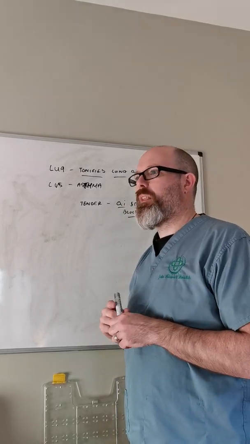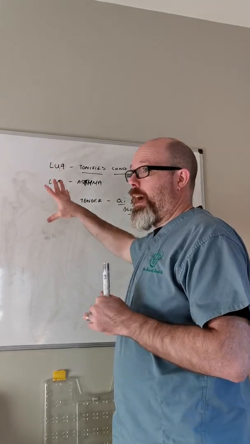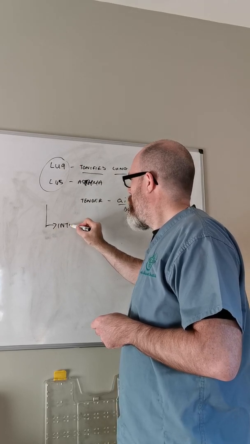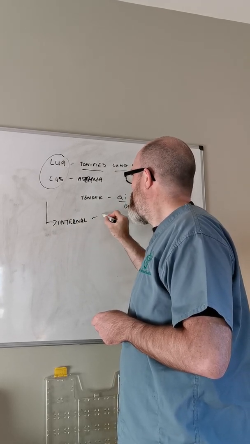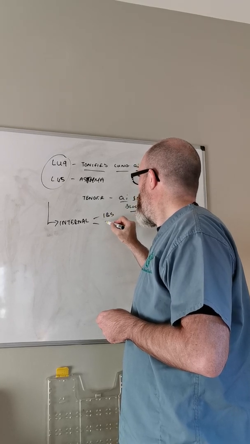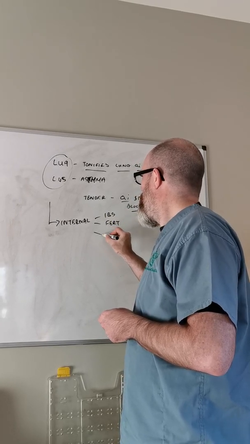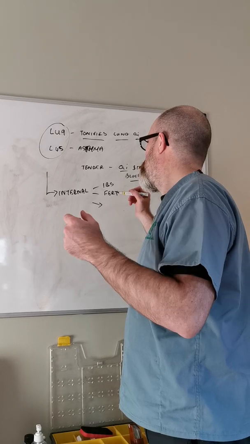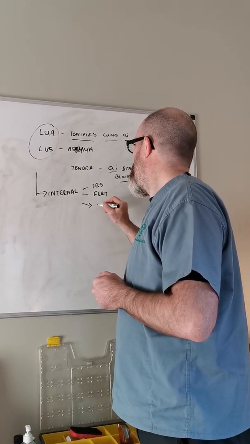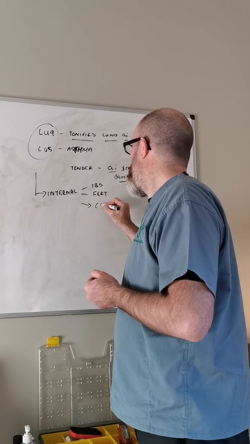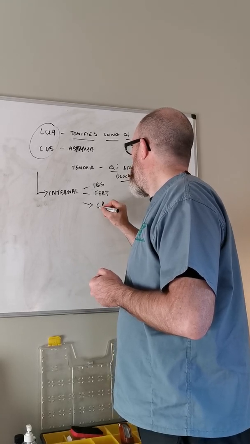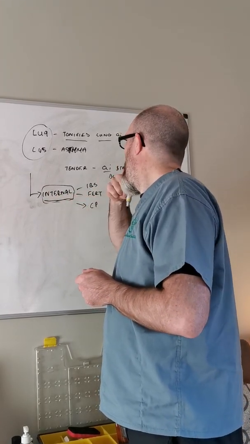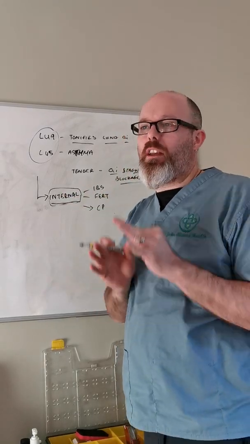Okay? So while these points help, and they definitely help when we come to practice internal medicine, which would be things like IBS, maybe fertility, maybe chronic pulmonary issues, things like that, we can use point prescriptions for internal medicine if we want.